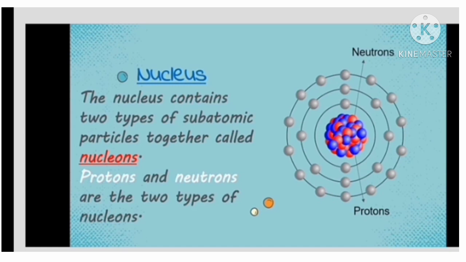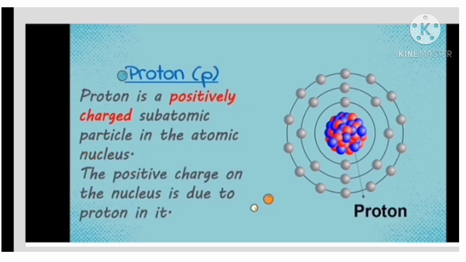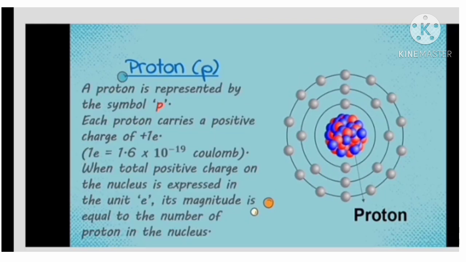Next point, proton. The proton is a positively charged subatomic particle in the atomic nucleus. The positive charge on the nucleus is due to the protons in it. A proton is represented by the symbol small p.